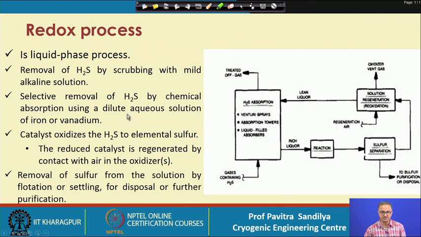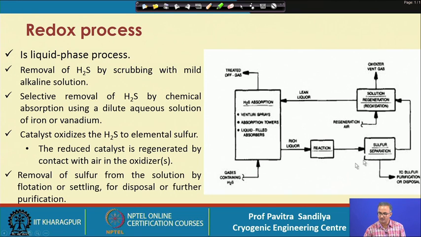So, we find that first it is reduced and then it is oxidized, and the sulfur is removed from the solution by floating or settling. So, ultimately we are able to remove the sulfur by converting the H2S to elemental sulfur. And here we are recycling the rich liquor after regeneration by heating with the air.